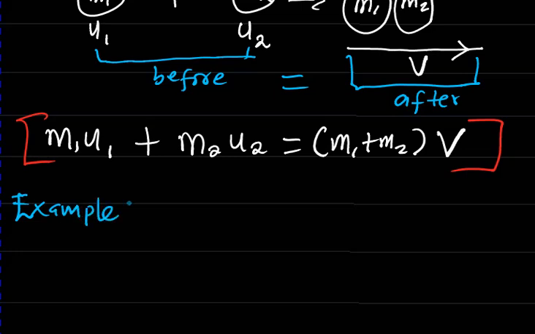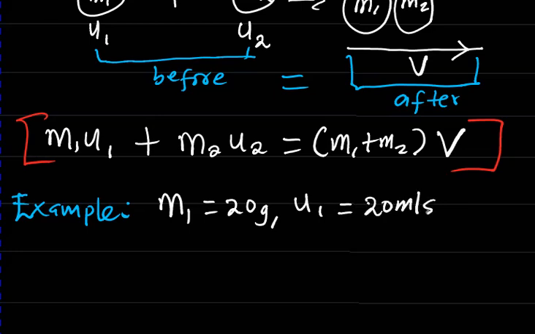Example: let's look at a situation where we have a ball of mass 20 grams, initially moving with a velocity of 20 meters per second. It collides with another ball of mass 10 grams, and this ball is not moving, it's at rest.